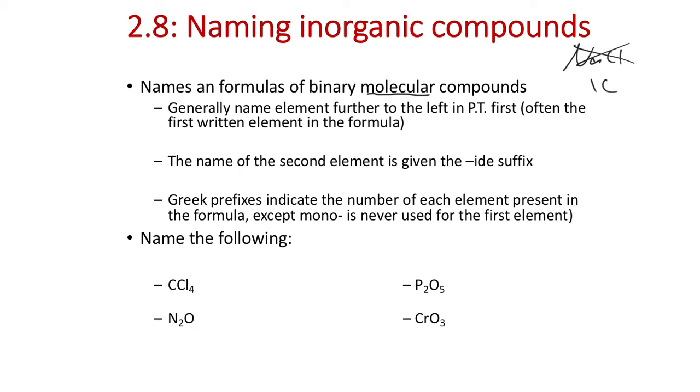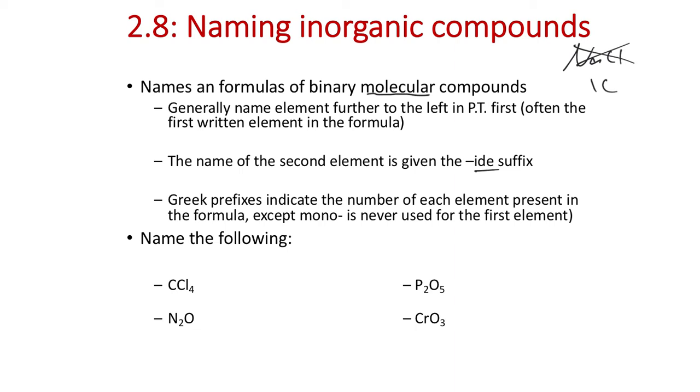So in this system here, the first element just takes the name of the element, and then the second element takes its IDE suffix. And then we use the Greek prefixes, the mono, di, tri, tetra system.